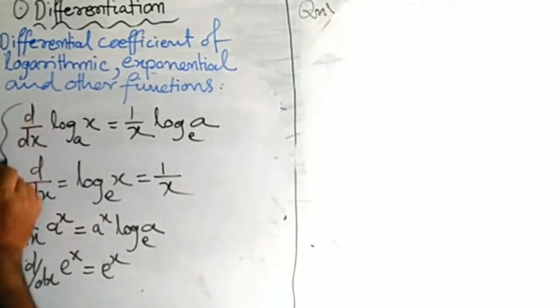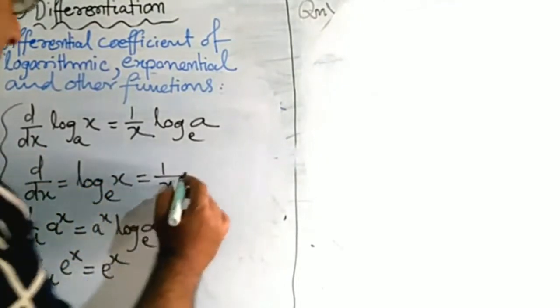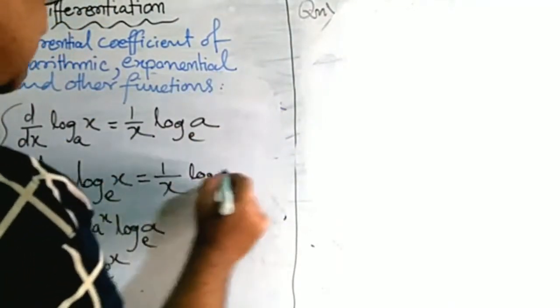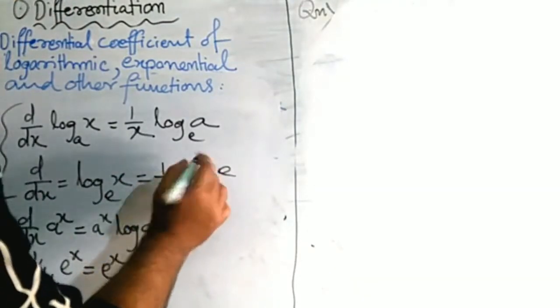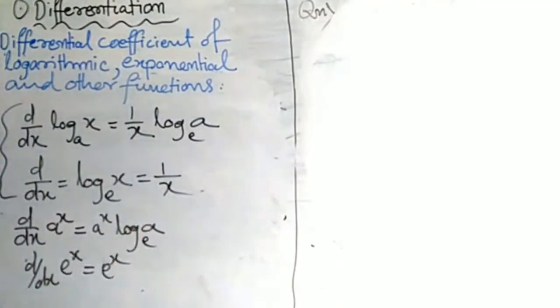Now it is actually one formula only. See, d by dx of log x base e will be equal to what? 1 by x log a, so 1 by x log e it will be, and log e base e is 1. That's why it is 1 by x. So this one is the formula.